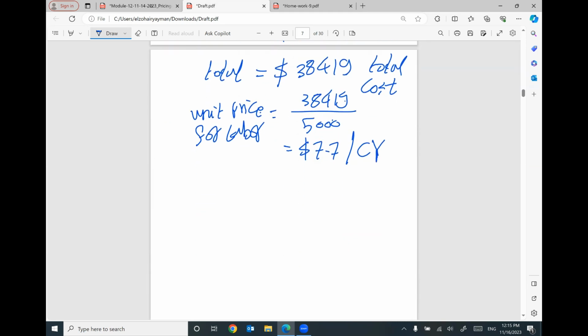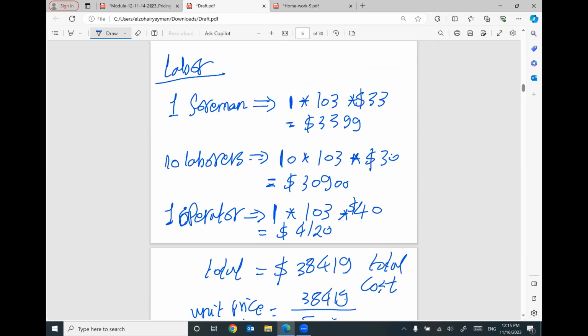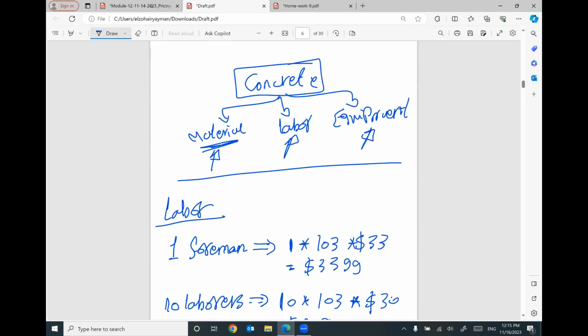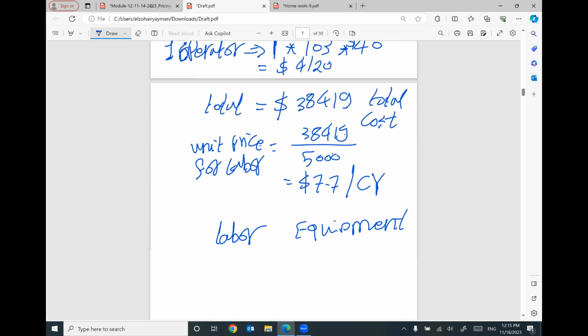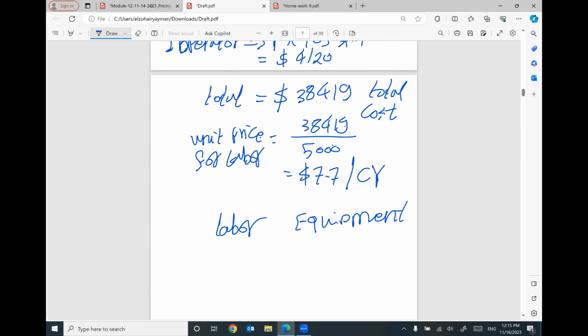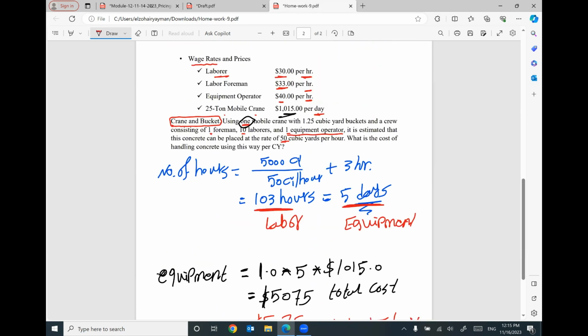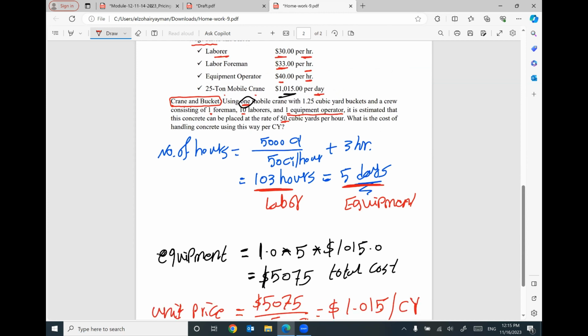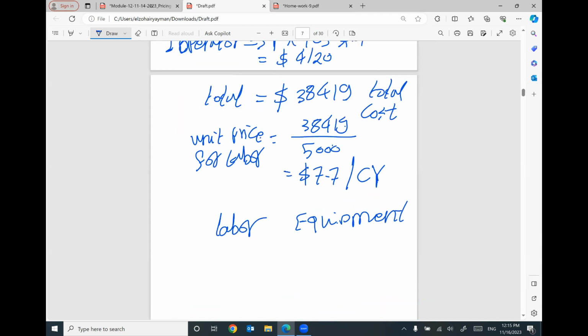So the final conclusion for labor and for equipment: the total cost for equipment is $5,075. And the total cost for labor is $38,419.